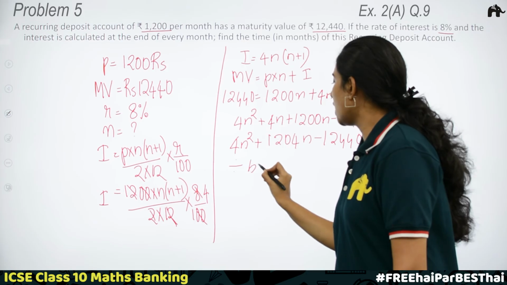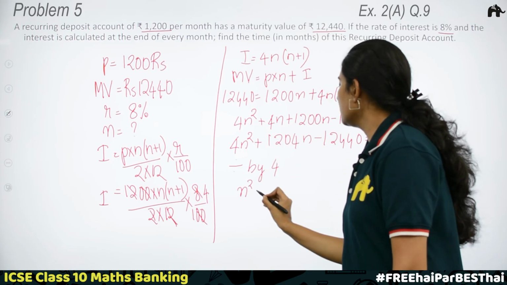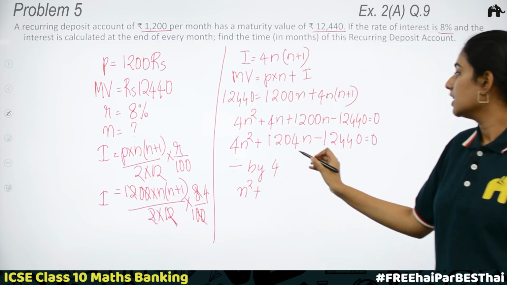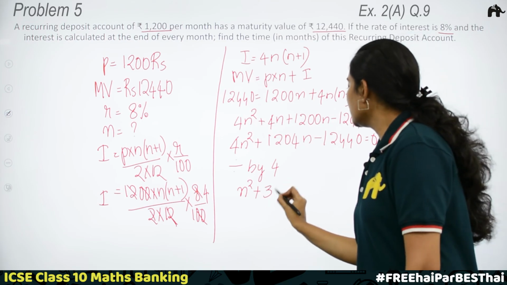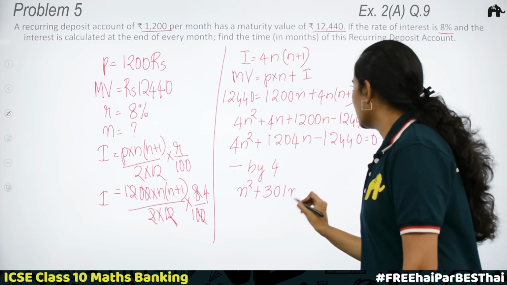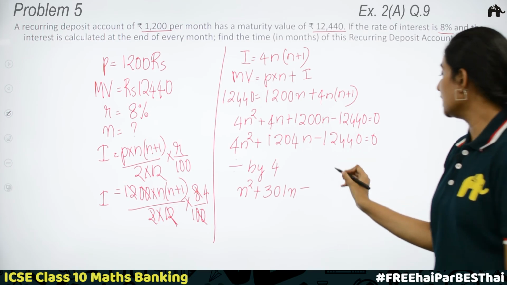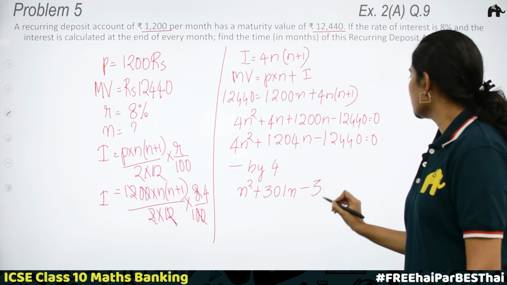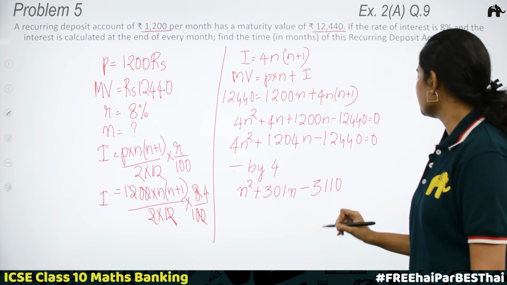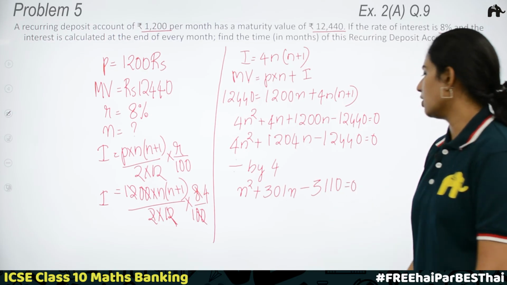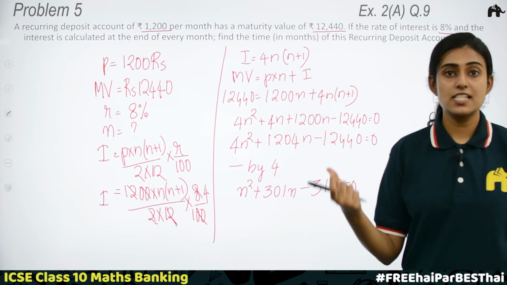Dividing throughout by 4, we will be getting n square plus 1204 n, that is 301 n, minus 12,440 becomes 3,110, which is equal to 0. Now in order to find the value of n, we can use the method of splitting the middle term.